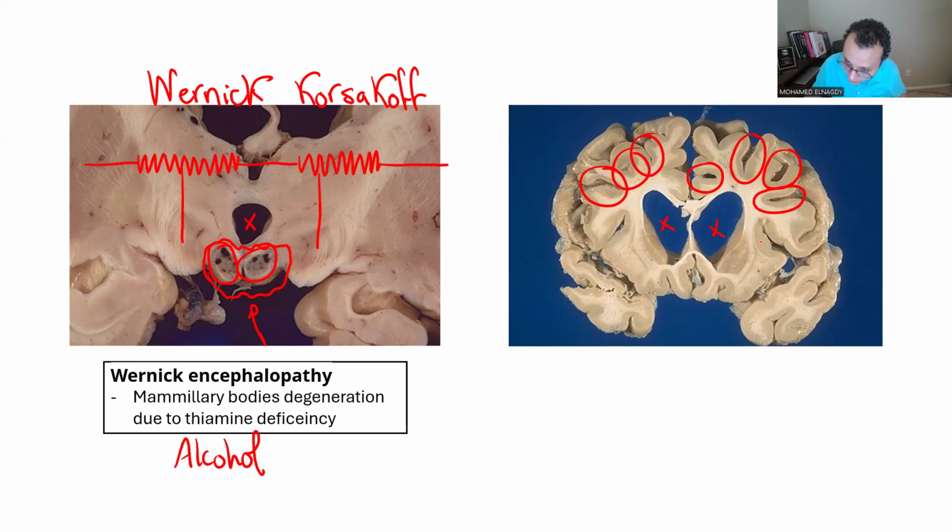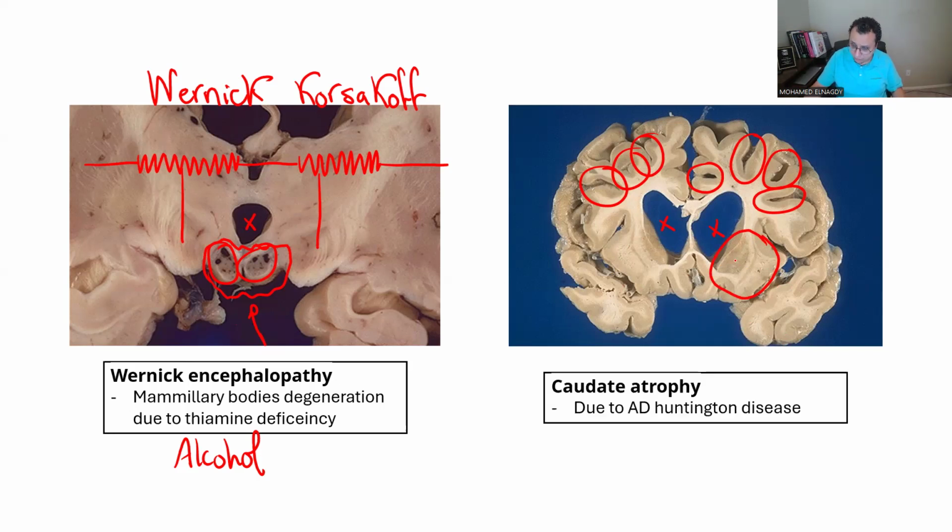But what's there in the wall of the third ventricle here? What do you think should be here, on both sides of the third ventricle? Oh, of the fourth ventricle, I'm so sorry. What's there here? It's usually the basal ganglia, which actually should be like this. See, this is the normal picture.